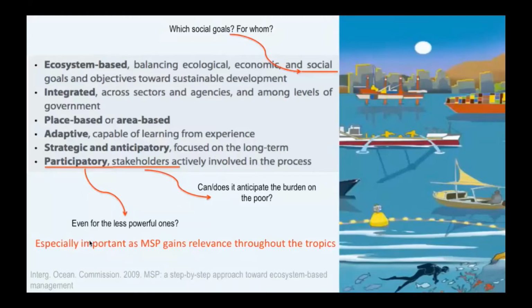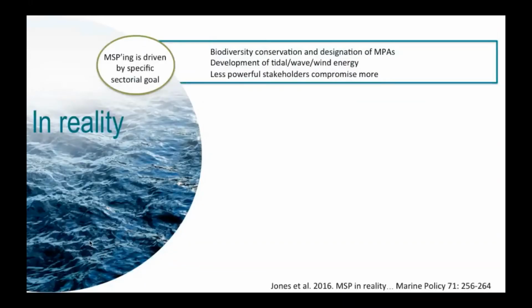Because even though I know that there are communities, fishing communities especially, that's going to be my main focus here, indigenous communities all over the world, we know that in the tropics, these communities tend to have a stronger attachment, a stronger dependence on the ocean. So whatever we do in terms of MSP will have an effect on these communities.